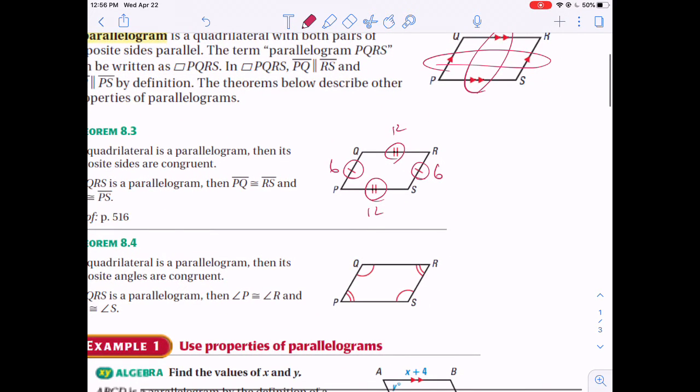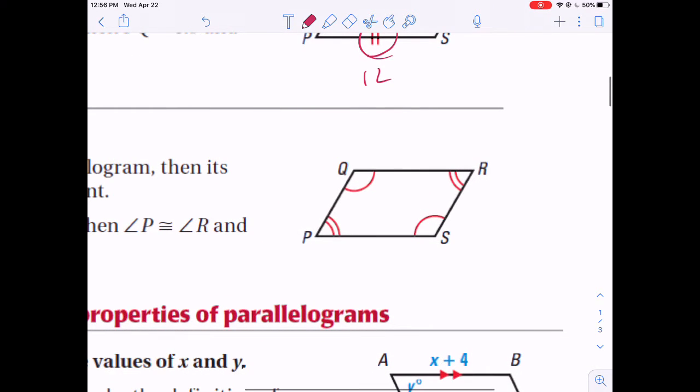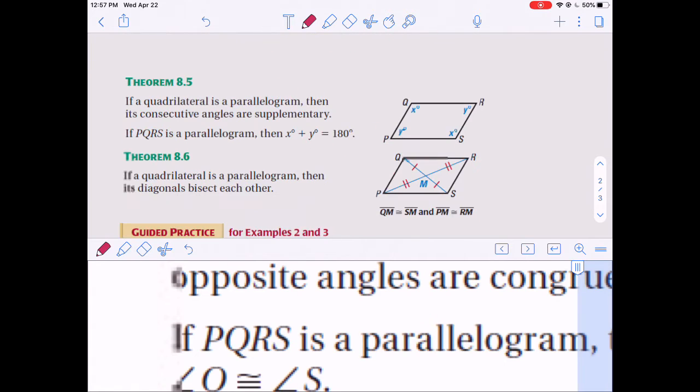One other interesting thing about parallelograms is their opposite angles are also equal. In the same parallelogram, P and R are opposites. They're equal, see the double hash marks.